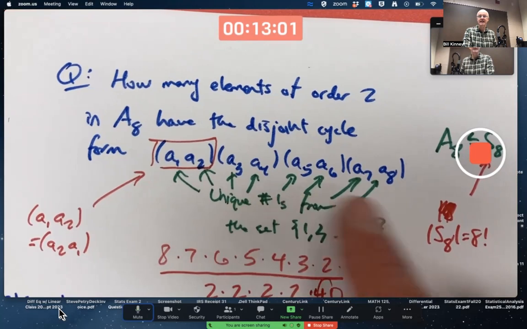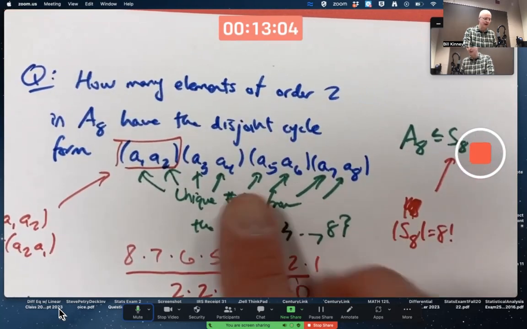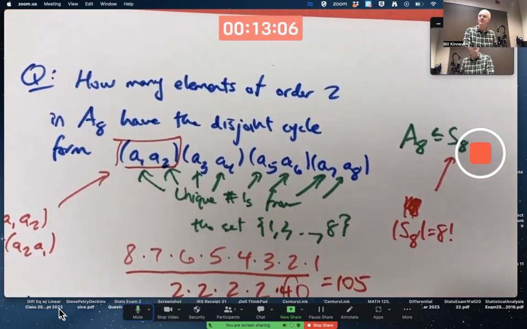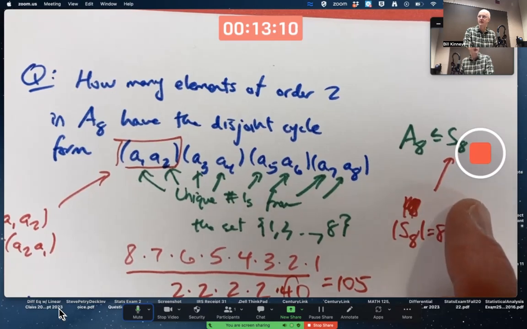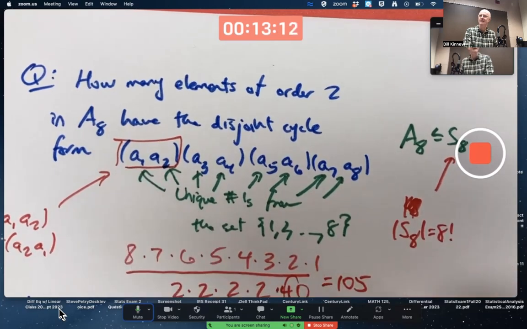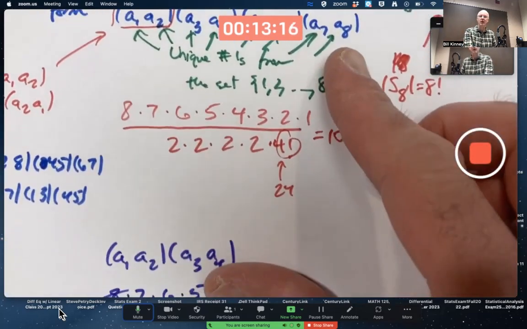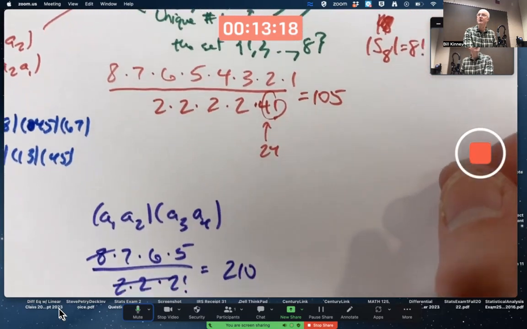You can't have 6 of these because you only have 8 numbers to choose from. Yes, you could write 6 2 cycles in a row, but they would not all be disjoint and still be in A8. You could simplify them to one of these forms. It seems that these are the only kinds of elements of order 2 where the LCM of the lengths of the disjoint cycles is going to be 2.